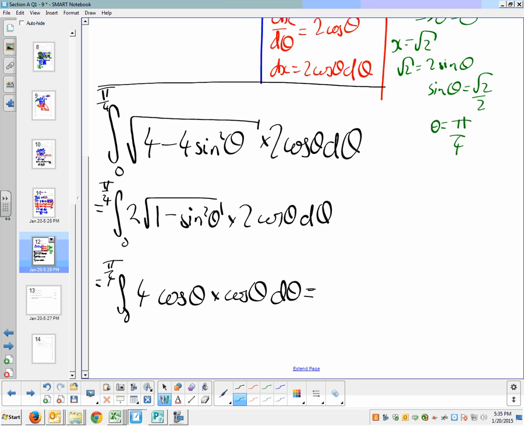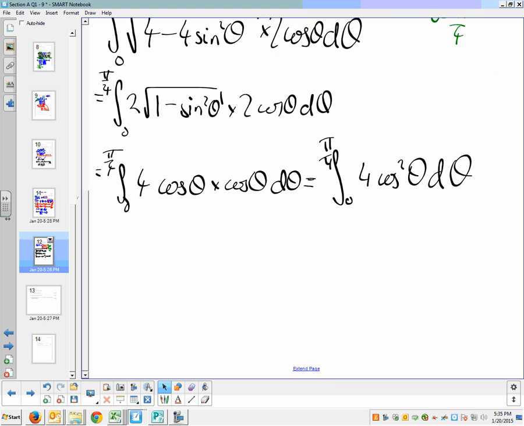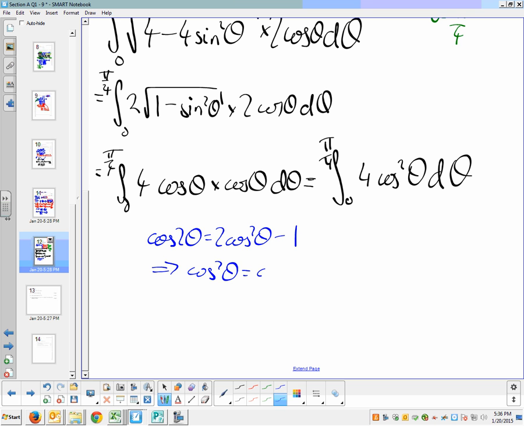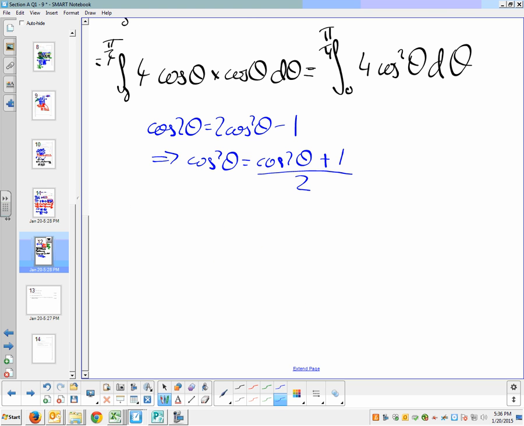So the actual integral that I'm evaluating is 0 to pi by 4 of 4 cos squared theta with respect to theta. And we can't integrate cos squared theta, so I'm going to use the trig identity. Cos 2 theta equals 2 cos squared theta minus 1, which rearranges to cos squared theta is (cos 2 theta plus 1) over 2.